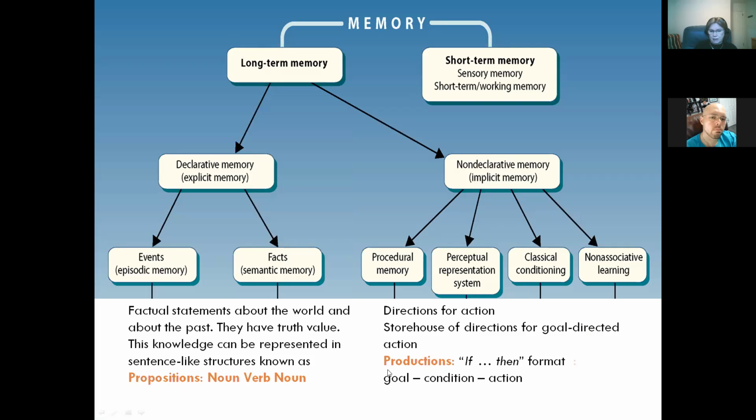And productions are different from propositions. You can see that right to left. Productions have an if-then format. So we can say something like, if you want to know how likable a person is, and you already know some of his or her personality traits, then count the number of his or her desirable traits.